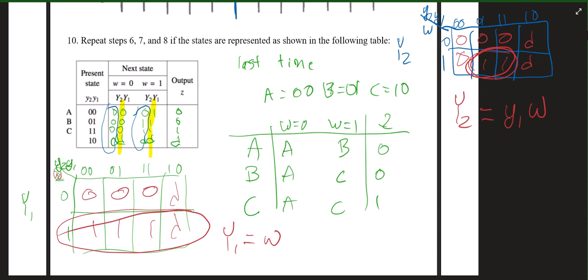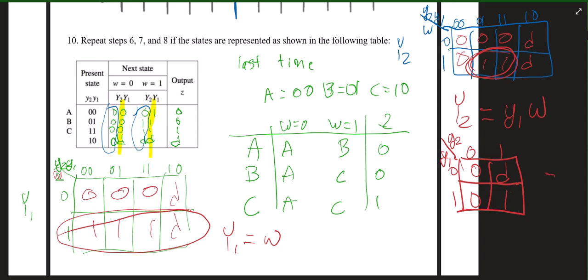Okay, and then let's look at Z. I'll go ahead and do it. I don't know if y'all can read that Karnaugh map over there.